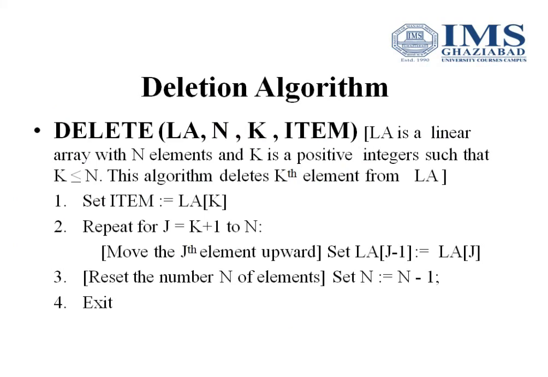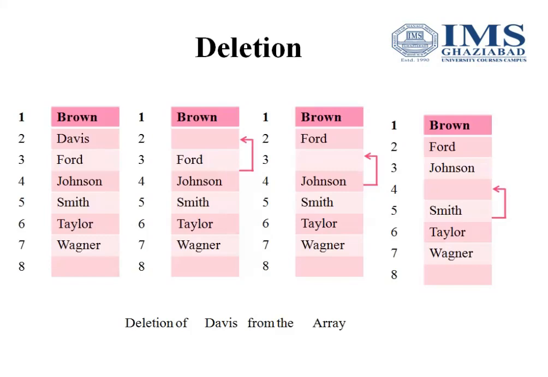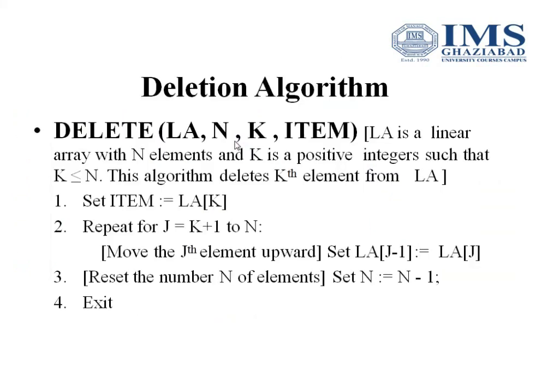Here the value of J is 3, so LA[3 minus 1], the value at index 2, will become the value at index 3, which means Ford will get shifted to index 2. We repeat the procedure until we reach the total number of elements, that is n, and then n equals n minus 1, which means the total number of elements in the array will decrease by 1, and then we exit the deletion.